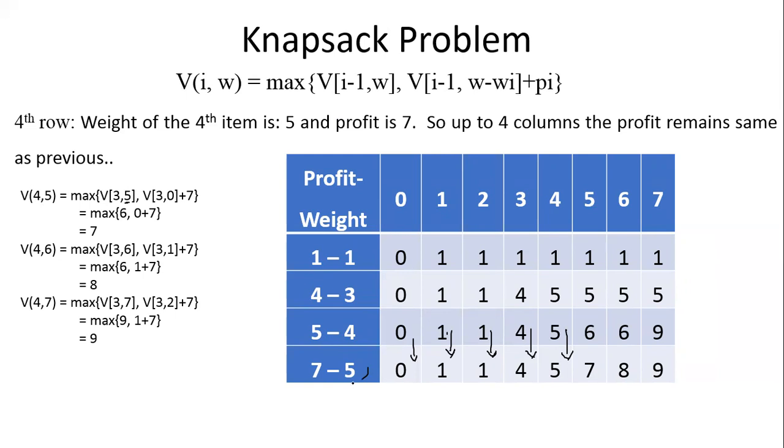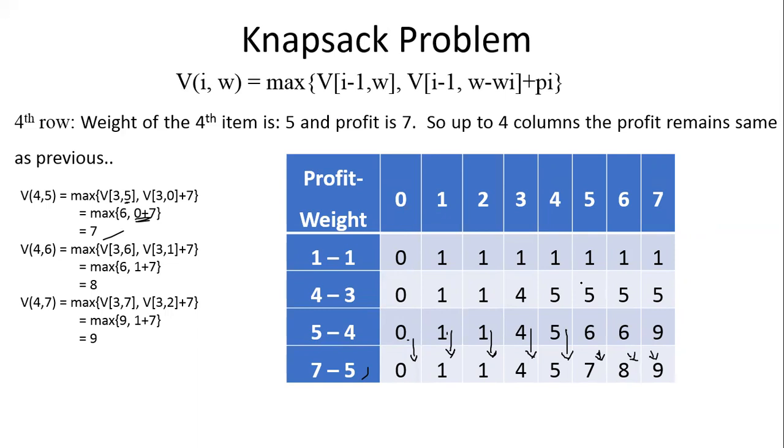The entire 5 I am going to place here. So 5 minus 5 is equal to 0. That's why V of 3 comma 0 plus 7. Here this is the third row. V of 3 comma 0 is 0. 0 plus 7, that's why the maximum value is 7. Same way these two values are also calculated here.